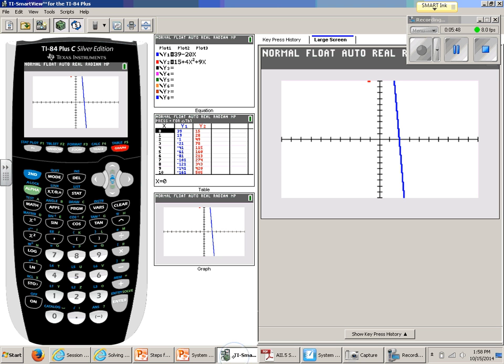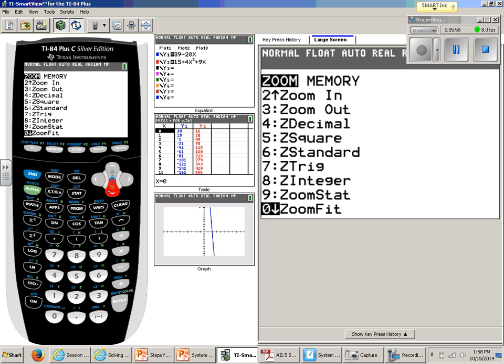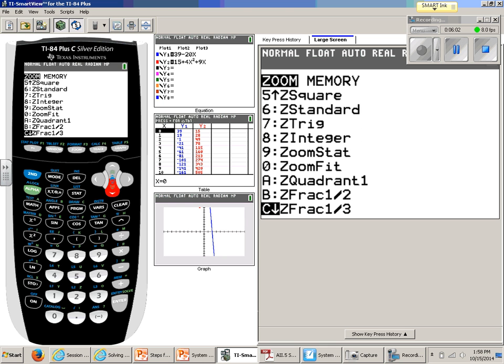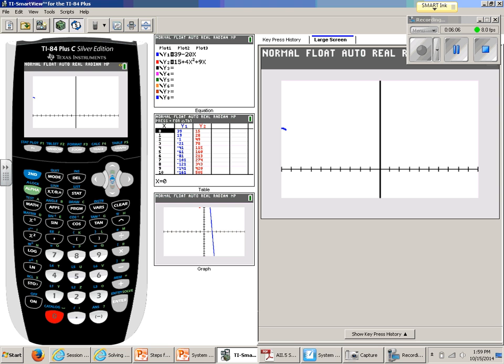I don't see that u and line, so maybe I need to do zoom fit, and I believe fit's going to be 0. So we want to do zoom fit. There's our line, and now we have a u. And it's easy to tell now that these two intersect 2 times.